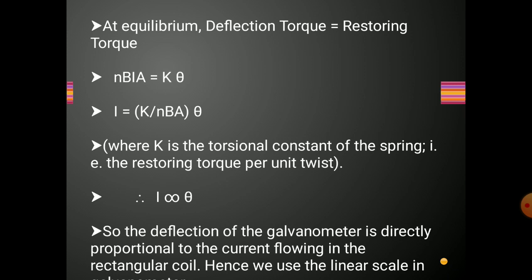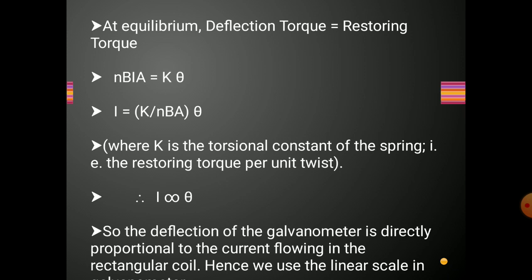By using the equation NBIA equals K theta, we can find that the electric current in the coil is given by I equals K by NBA into theta. Here K is constant, the number of turns in the coil is constant, the magnetic field is constant, and the area of the coil is also constant. So all the terms in the bracket are constant.